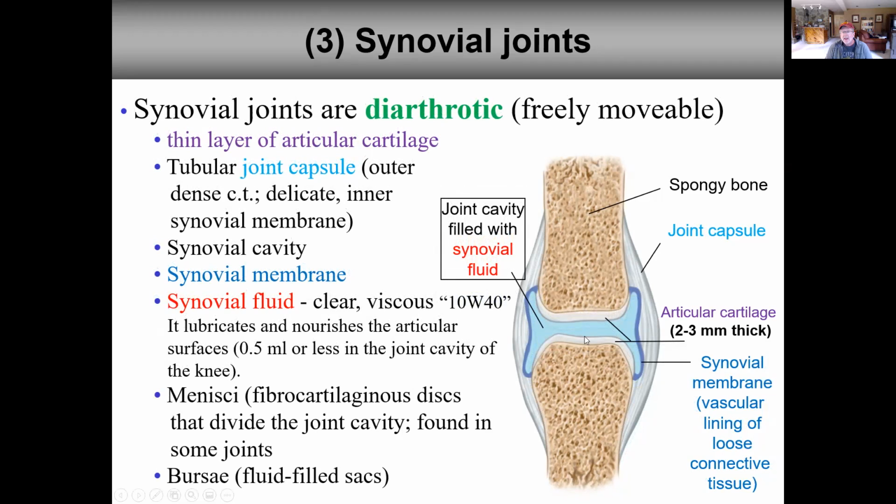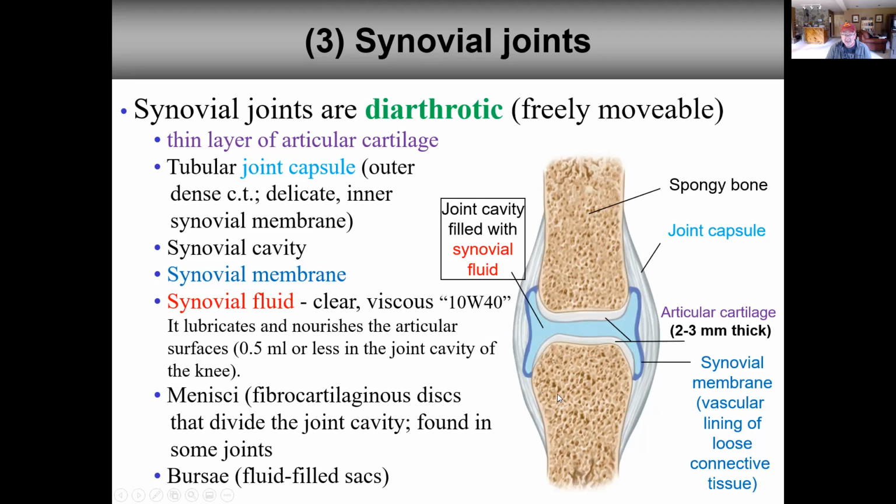Once in a while, you can also find menisci between bones. I don't have a diagram right here in front of me, but you will soon be hearing about the knee joint and looking at the model in lab, where we have two menisci here between the condyles of the femur and the tibia.